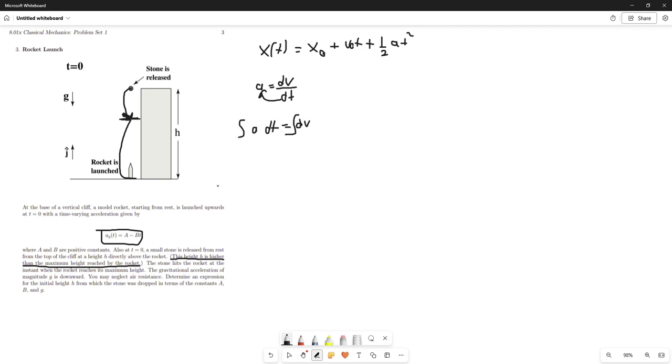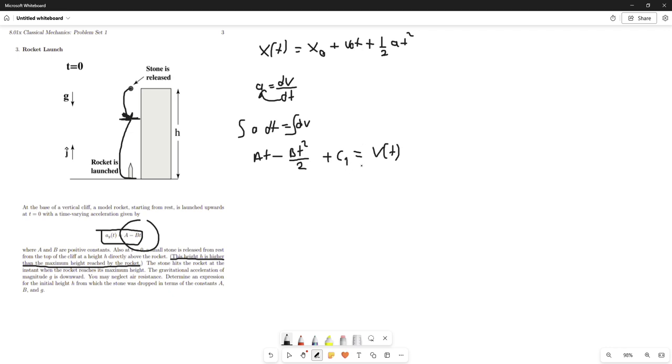We get a times t minus b t squared divided by 2 and some constant value, right? There is no parentheses needed. And that is v of t.